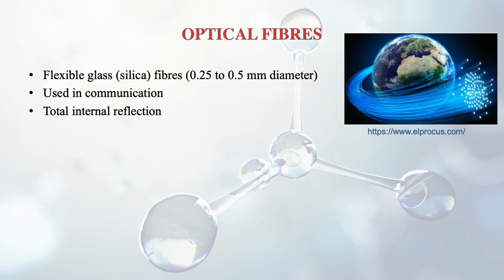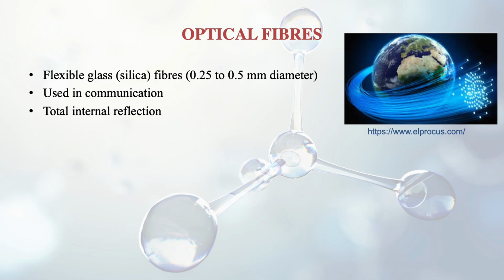Let us begin with optical fibers. Optical fibers are basically flexible glass fibers of diameters varying from 0.25 to 0.5 mm. They are used for fiber optic communication, and this is the backbone of today's communication in the world.